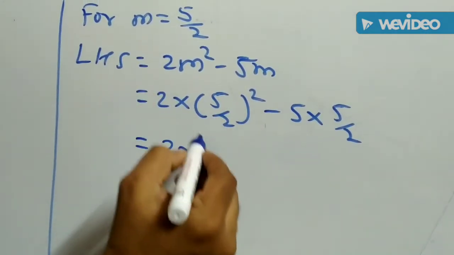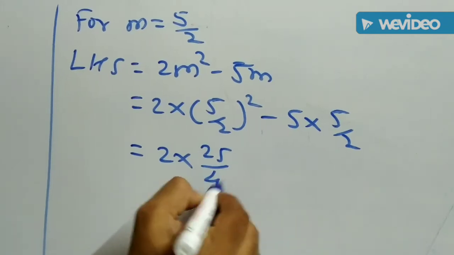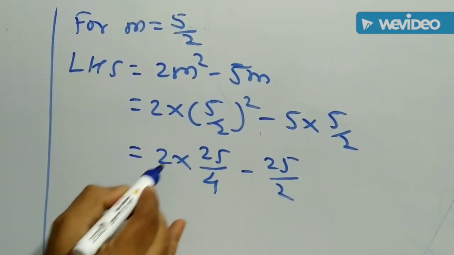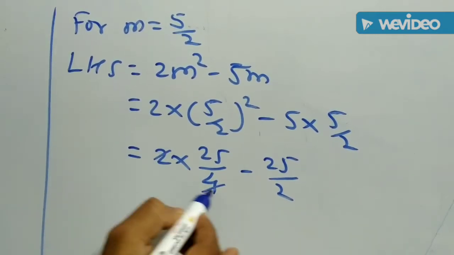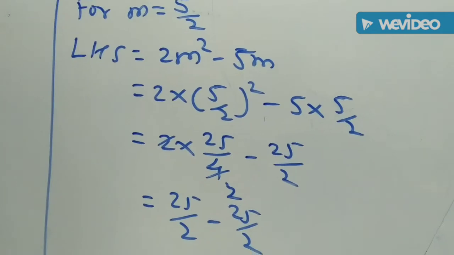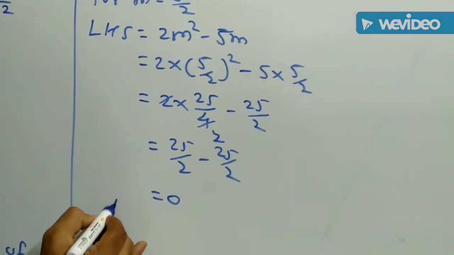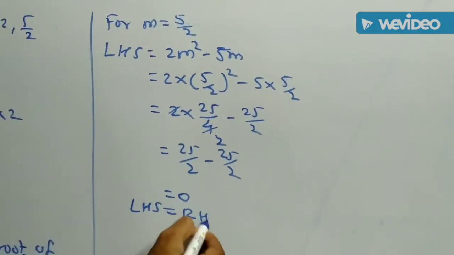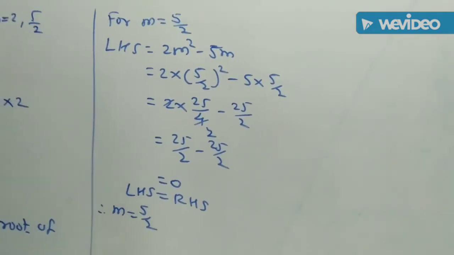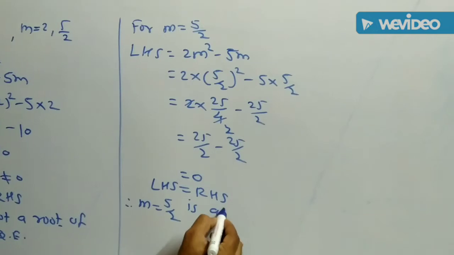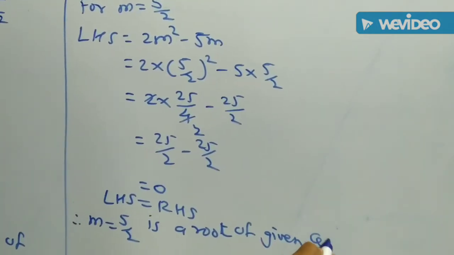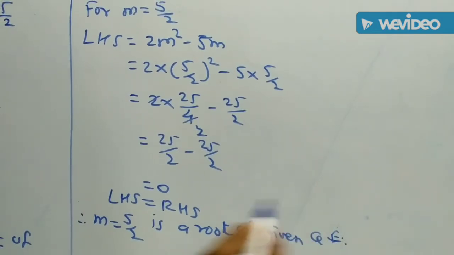Now 2 into square of 5/2 is 25/4, minus 5 fives are 25/2. Divide this 4 by 2, we get 2. That means 25/2 minus 25/2, that is 0. And therefore LHS is equal to RHS, and therefore m = 5/2 is a root of the given quadratic equation.